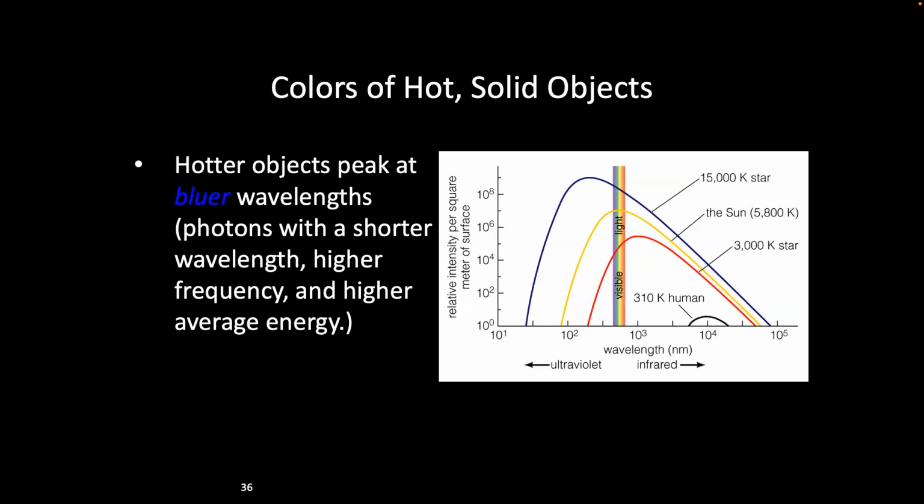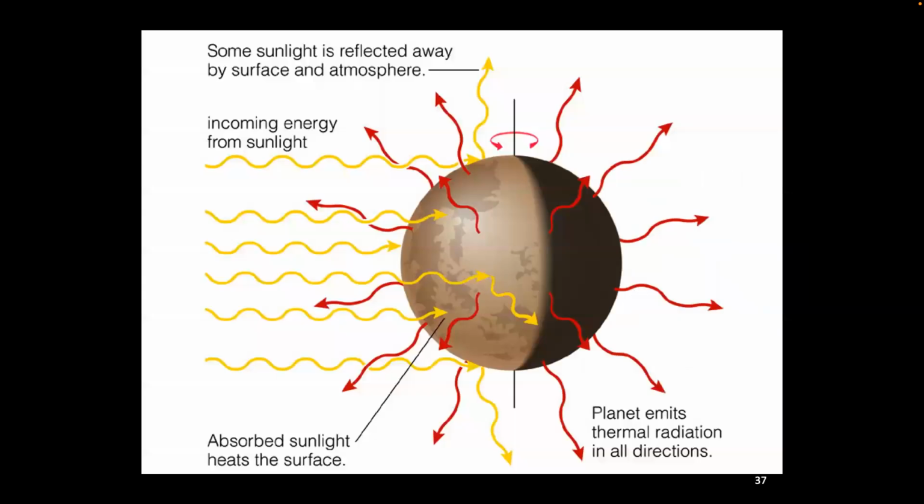We said already for Mars that it is absorbing some of this visible light and reflecting some, but it's also emitting way over here in the infrared, right? And this is kind of what it looks like. So for example, you have incoming light in the visible, that's the yellow. Some of it gets absorbed into the surface. Some of it bounces off, and that's how we see it, right?